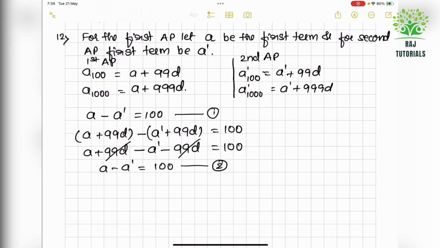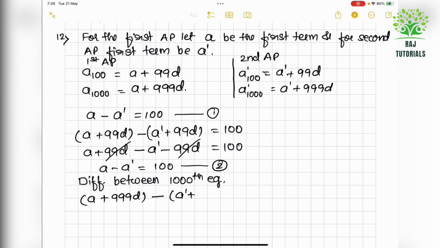Now the difference between the 1000th equation. See, the 1000th term for the first one was A plus 999D and for the second it was A dash plus 999D.